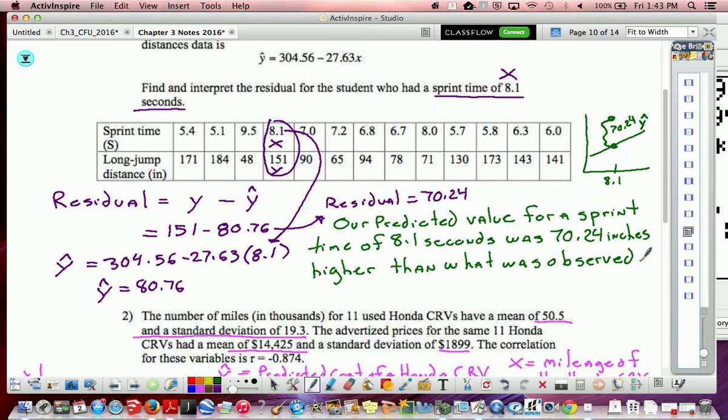Now, with residuals and how you interpret them, there's two correct ways you could actually interpret this. I started by saying our predicted value. You could say our observed value for a sprint time of 8.1 seconds was 70.24 inches lower than what was predicted. So you can flip them around.